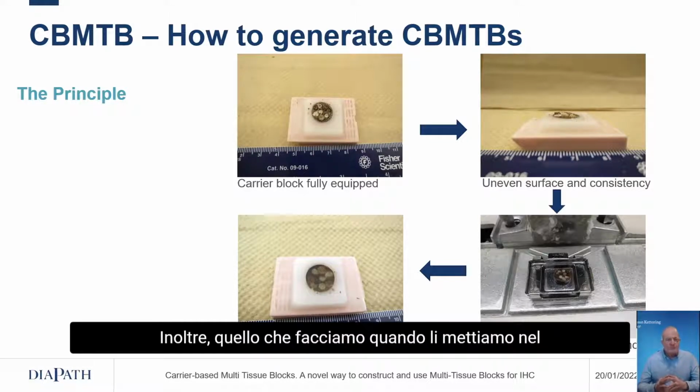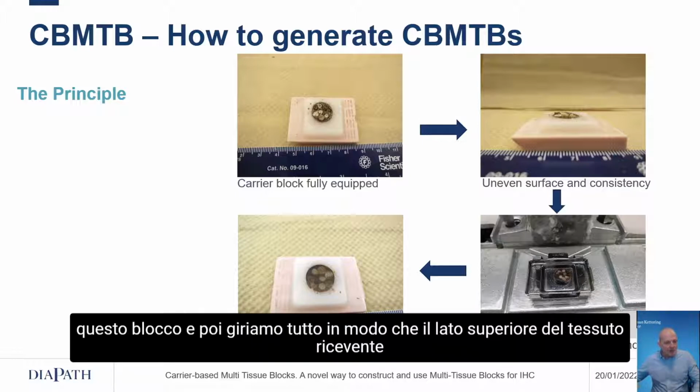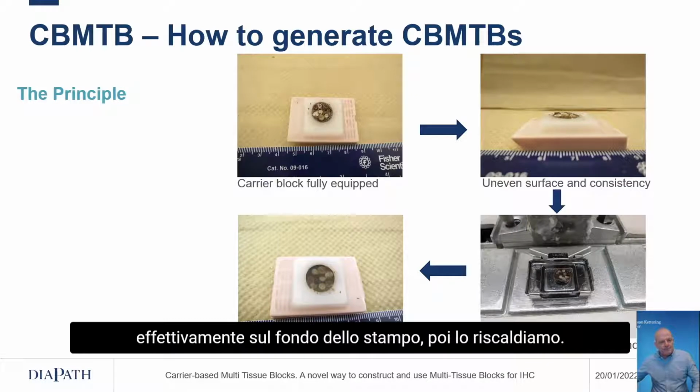Also, what we do when we put them in the oven, technically we put a mold, one of those metal molds, on top of this block and then turn it around, so that this upper side is actually on the bottom of the mold.